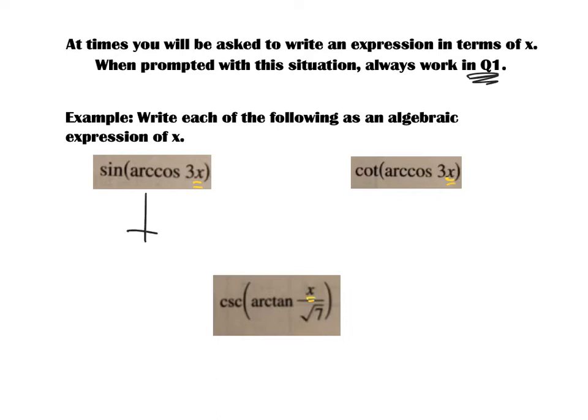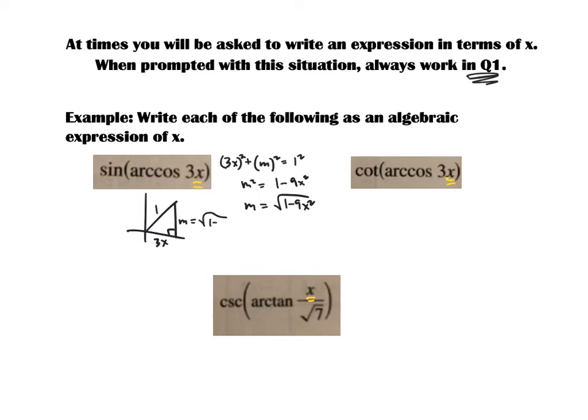Okay, so I'm going to draw an angle that has a cosine of 3x. Cosine would be 3x over the hypotenuse, which would be 1. Now I'm going to use the Pythagorean theorem. So (3x) squared plus, I'll call this m for a second, m squared is equal to 1 squared. Therefore, m squared is equal to 1 minus 9x squared. So m is equal to the square root of 1 minus 9x squared.